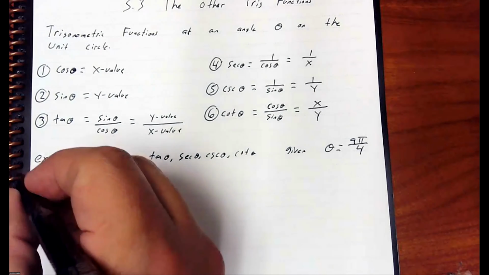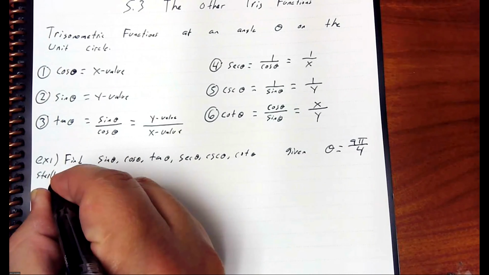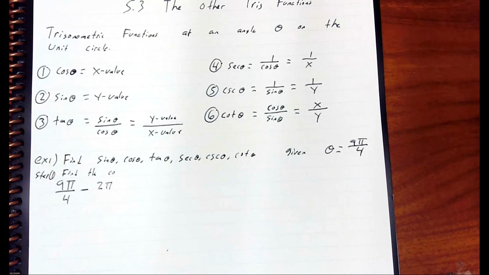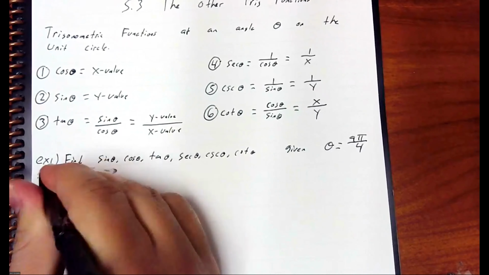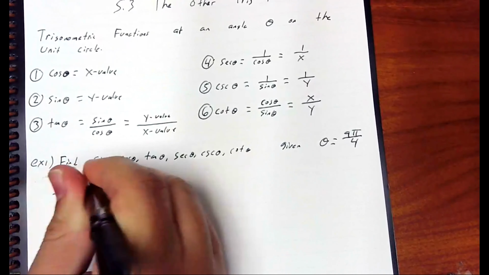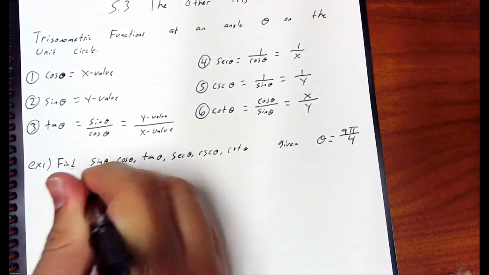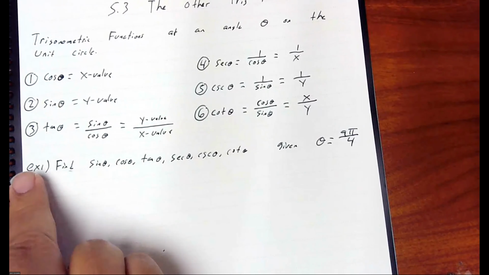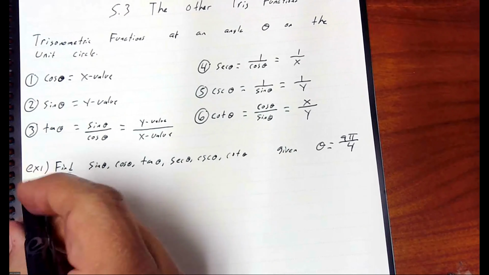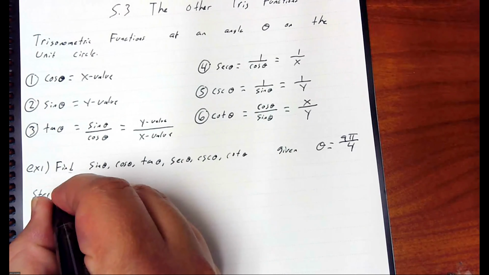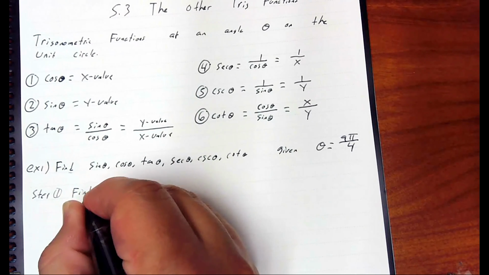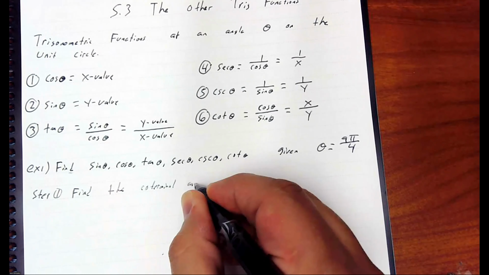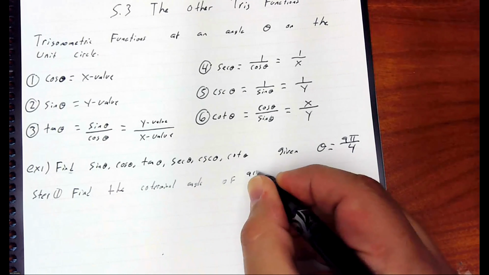So first step. Step 1. Find the coterminal angle of 9 pi over 4.